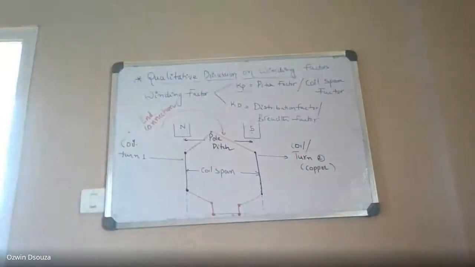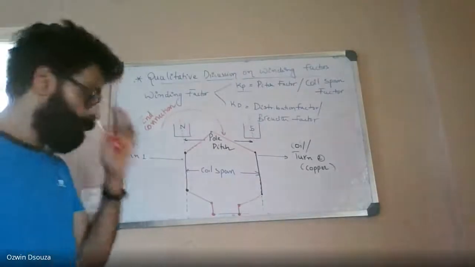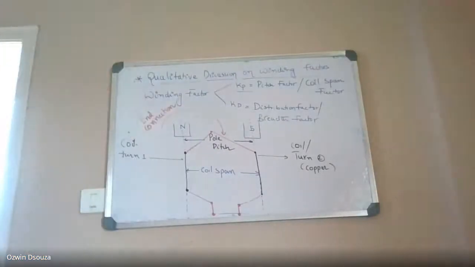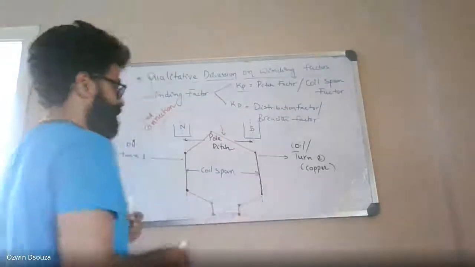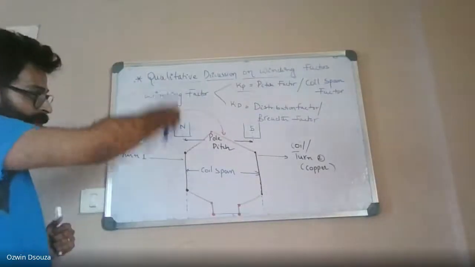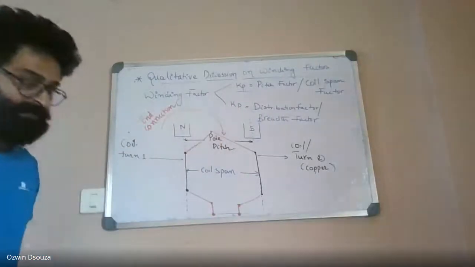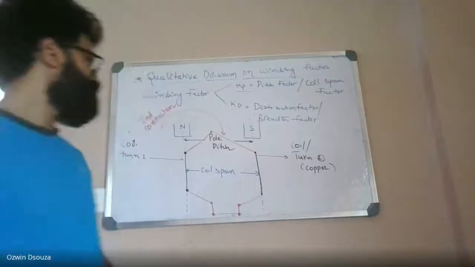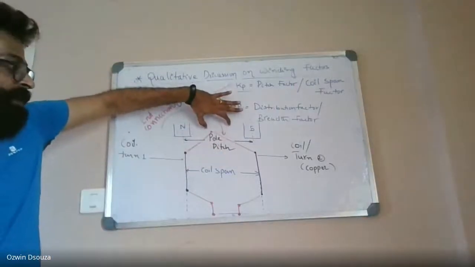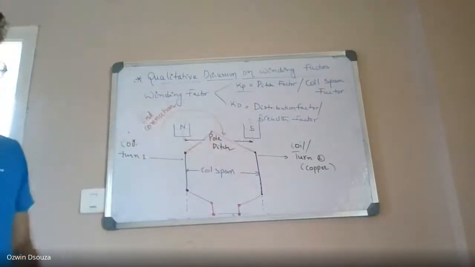So the two turns are placed coinciding with the centers of the north pole as well as the south pole, due to which the pole pitch and the coil span become equal.